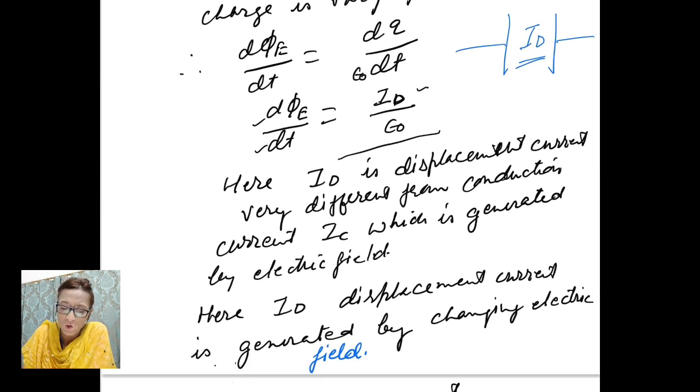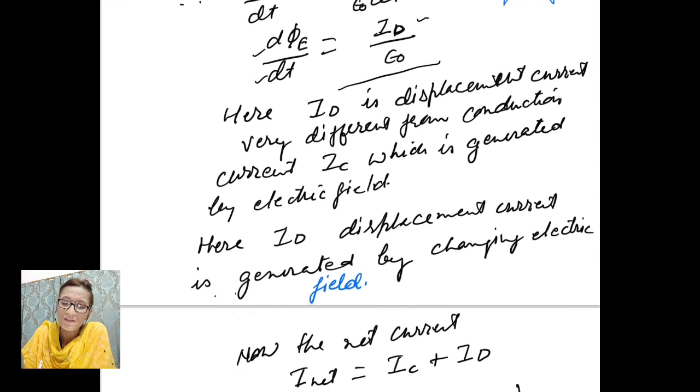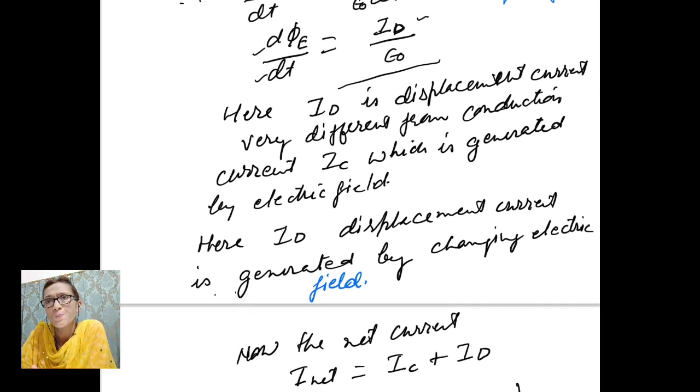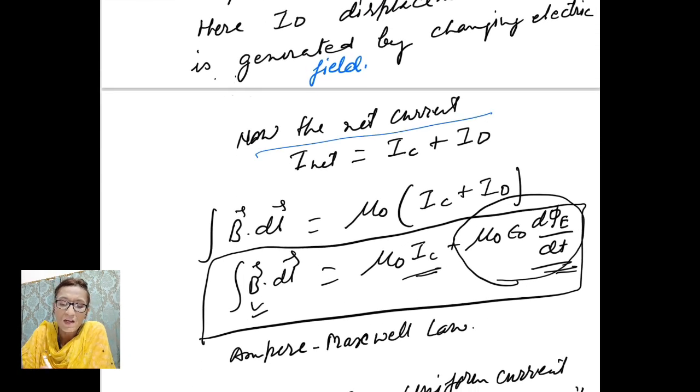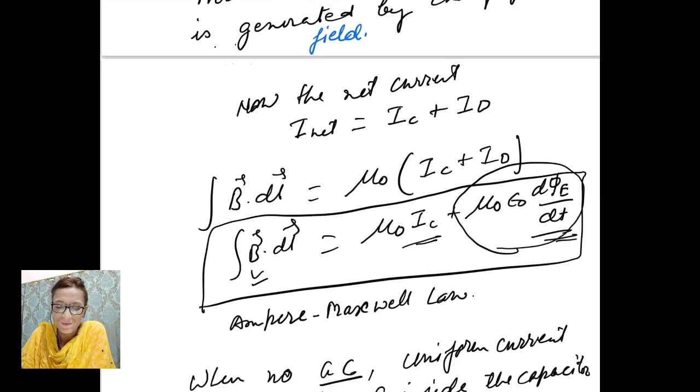This current is called displacement current. So we have two kinds of currents: conduction current and displacement current. So the net current should be equal to the sum of the two currents, conduction current and displacement current.